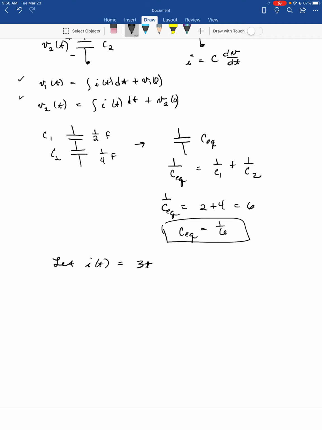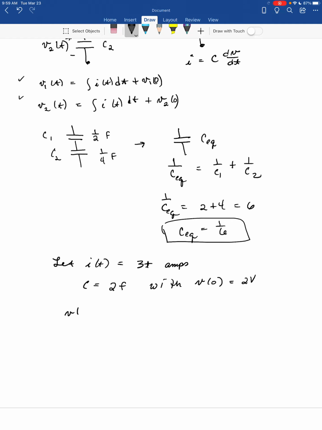Okay, we'll just make it simple. And it'll be in amps. And then let's let the capacitor be 2 farads, we'll make that simple too, even though I told you there's no such thing as a farad capacitor in the real world, we'll use it because it simplifies our calculations. And we'll give it an initial condition of 2 volts.